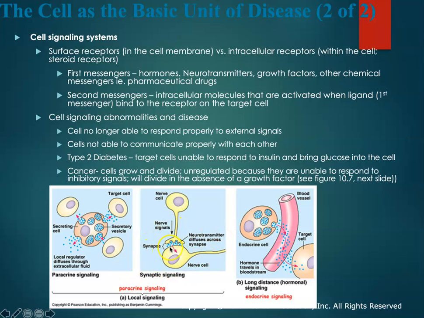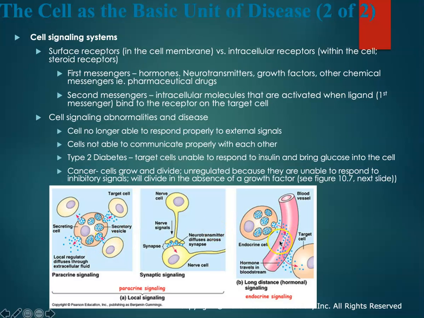If you're talking about endocrine signaling, hormonal signaling, this here is probably more related to growth factors and things like that. You can see I listed this as one of the types of first messengers. Growth factors will be released and usually affect neighboring cells.